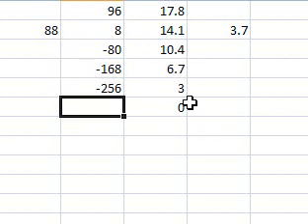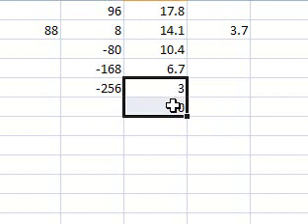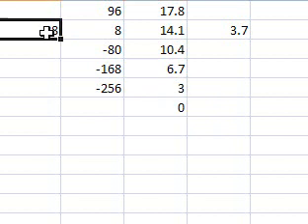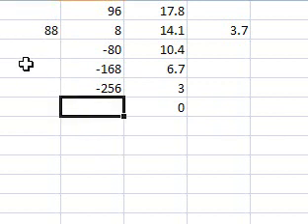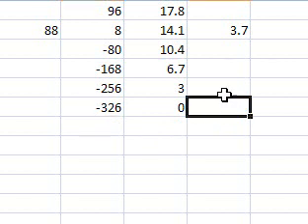Then from here to here, that's not exactly 3.7, it's about 80% of 3.7, so I'm going to do 80% of 88, which is in the neighborhood of another 70 or so. So I'm going to come up with negative 326, and that would be my result, negative 326 degrees Celsius. That is the quick method.